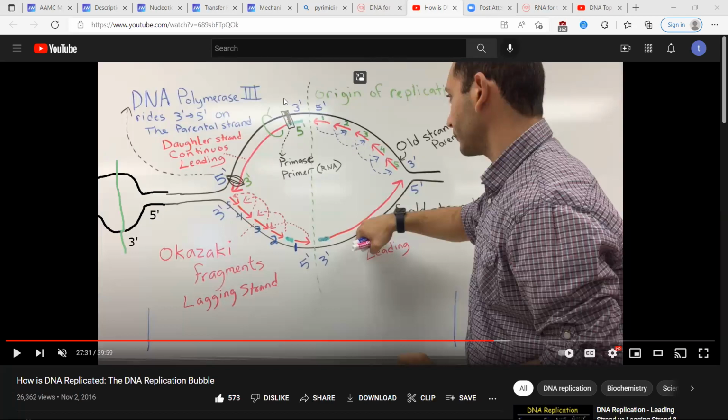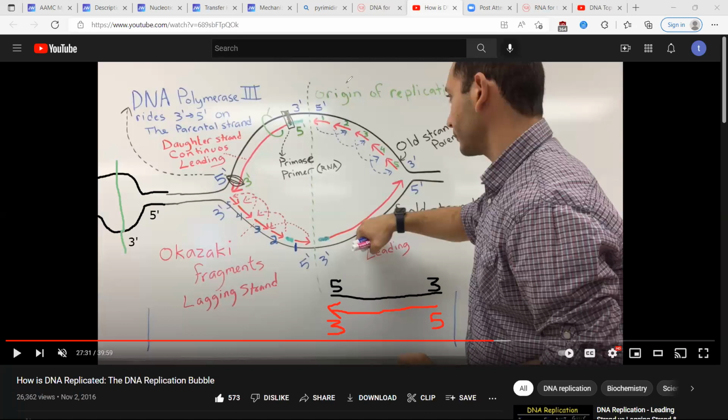If we just draw it out straight, if I have a parental strand that's 5 to 3, then my polymerase is going to build starting from here in this direction because he reads 3 to 5, but this end is 5 and this end is 3 on my new leading strand. Does that make sense?